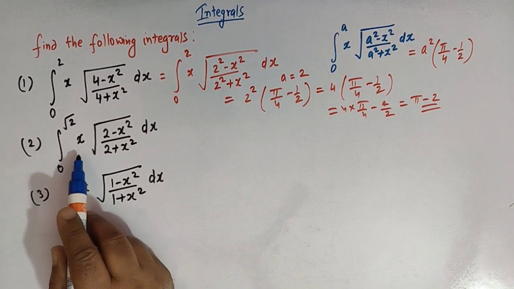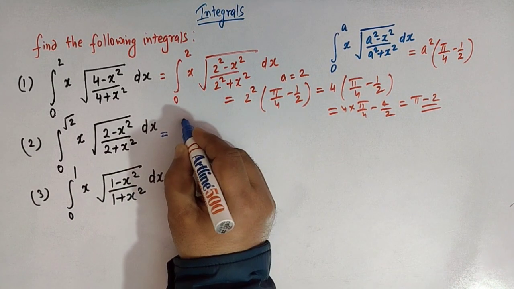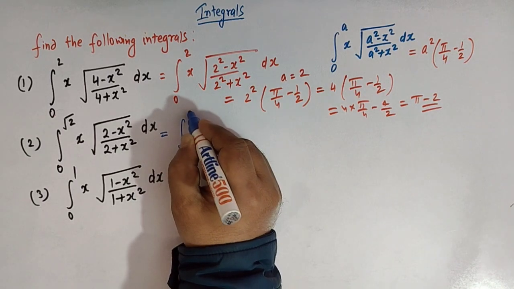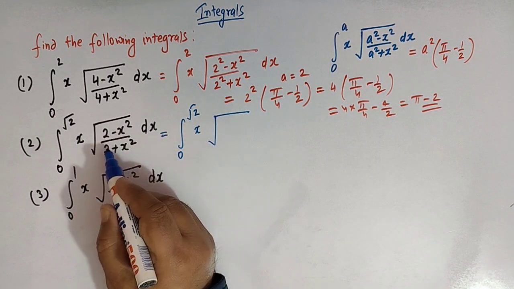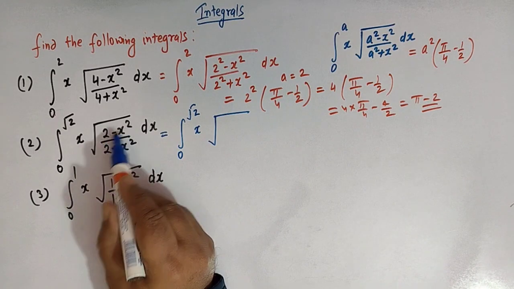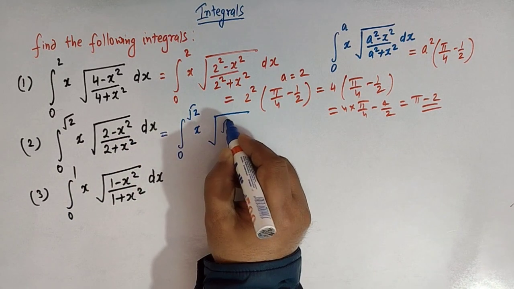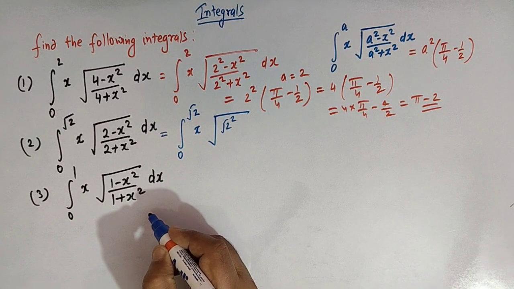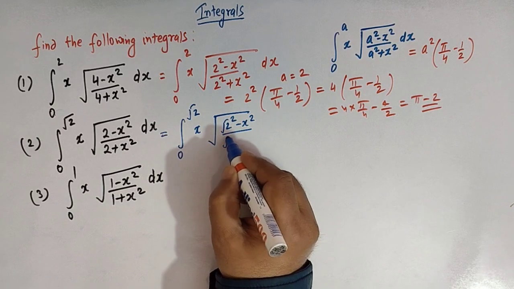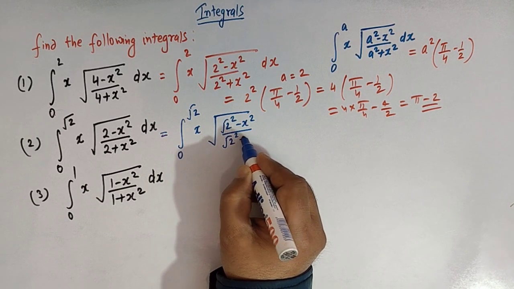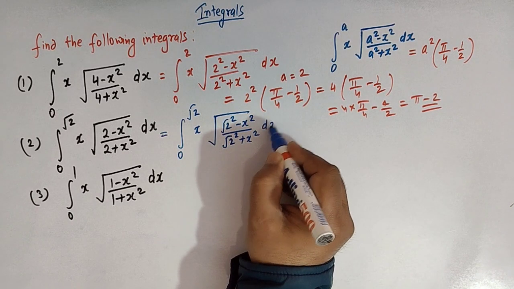Now let us consider the second integral. This integral can be written as 0 to square root of 2, and here we have x, and then the square root of (2 minus x square). So 2 can be written as the square of square root of 2, and here we have x square, and in the denominator we can write (square root of 2) square plus x square dx, right?